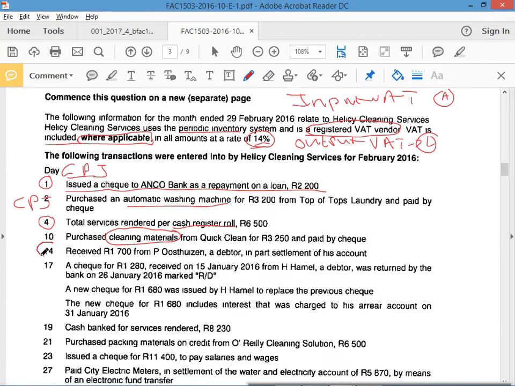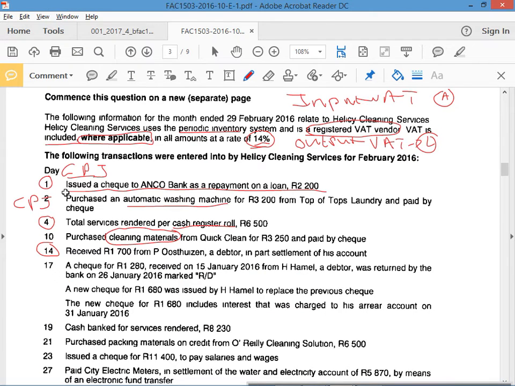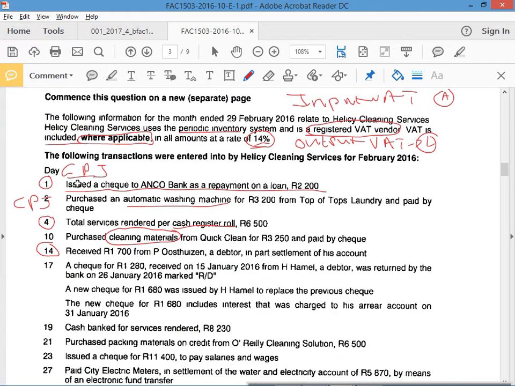Next, day 14, received 1/7 from P, a debtor in part settlement of his accounts. Which journal? Cash receipts, good. This was on the 14th. P. Oosthuizen, amount 1/7.